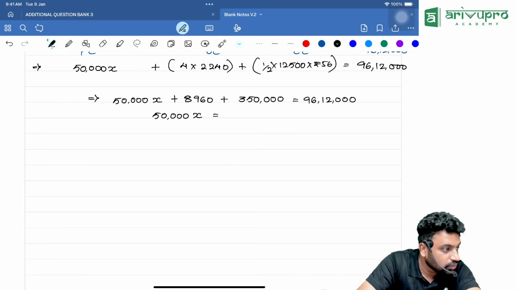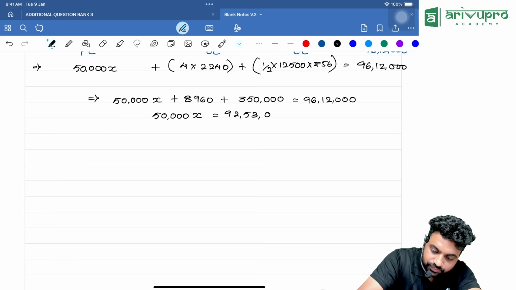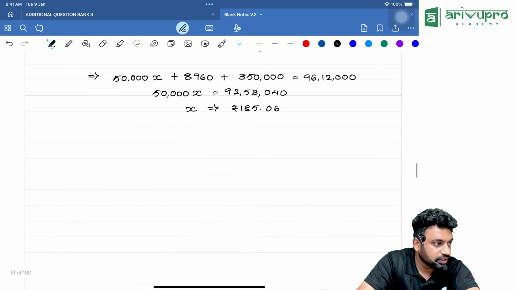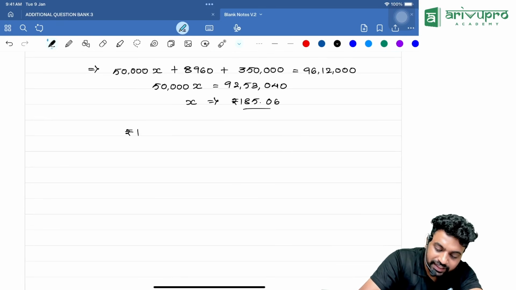That is 92 lakh 040. Now X is equal to 185.06. Now try to understand. Right now the price is 190.